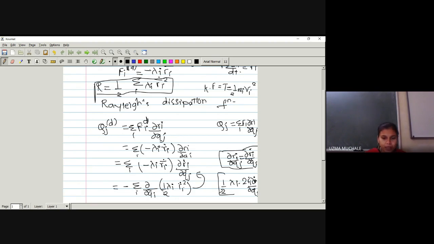Because if x and y are two different functions, whenever we differentiate we have to write dou y by dou x, no? If it were Ri dot only here, obviously we would have written dou Ri dot simply, right? In the very similar way, we have done the derivation. Again, we have differentiated with respect to Qj dot.